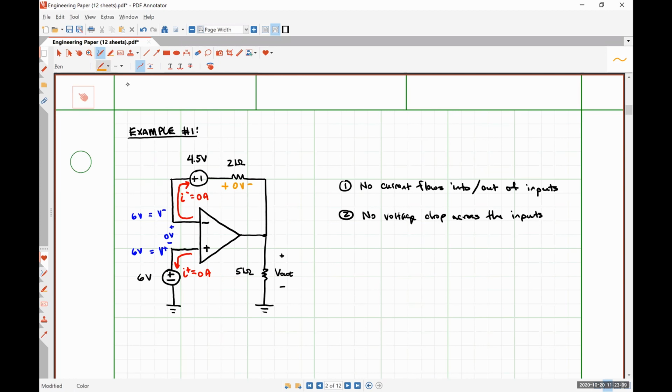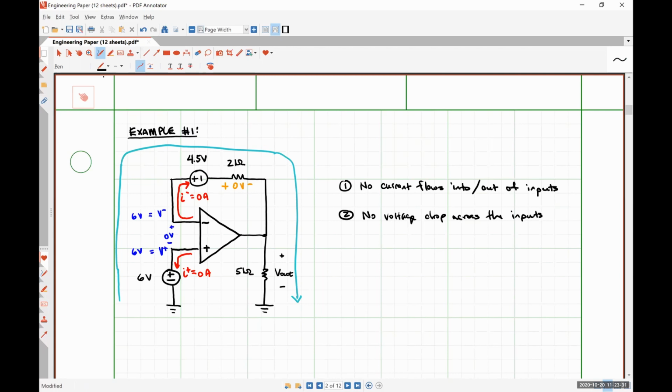Our second op-amp rule allows us to write a Kirchhoff's voltage law equation starting from ground here on the left-hand side and going to ground here on the right-hand side. So we started and ended at the same potential.